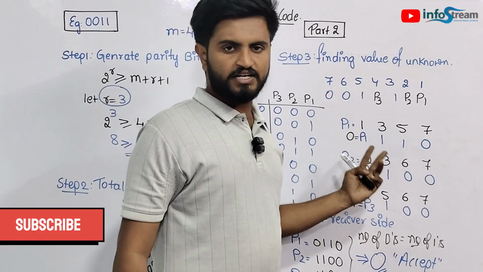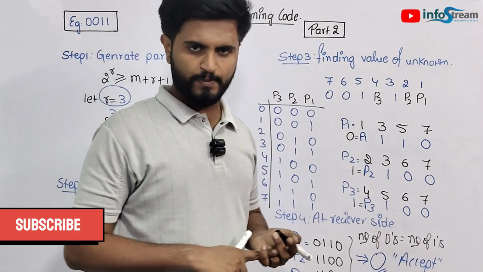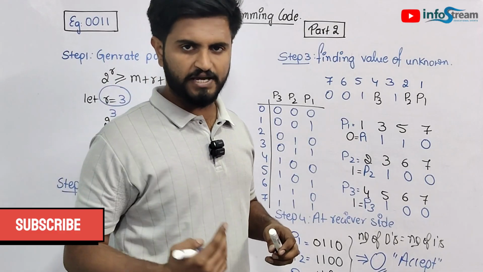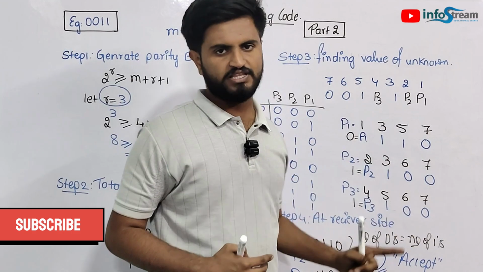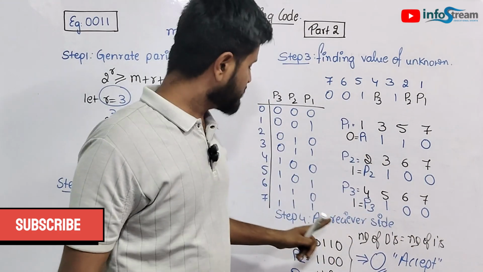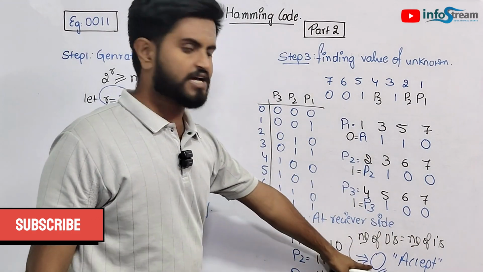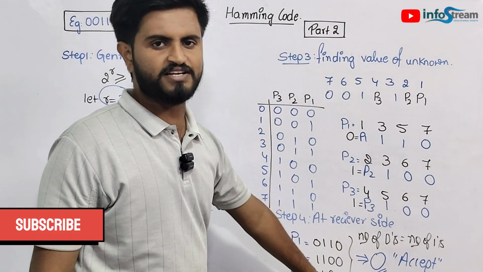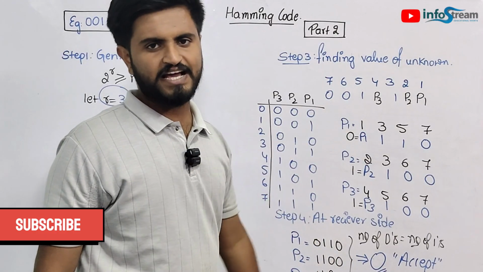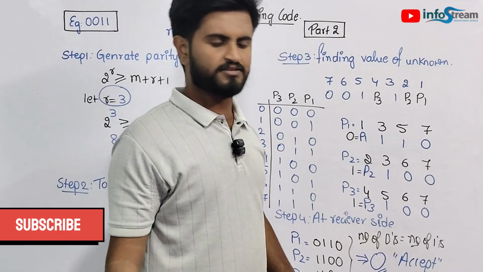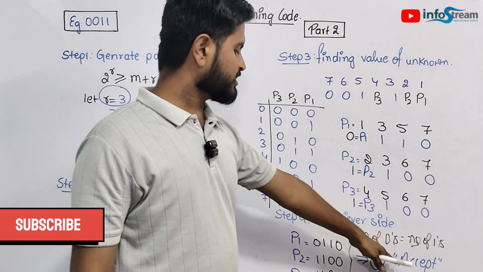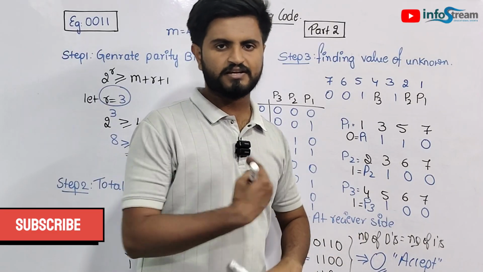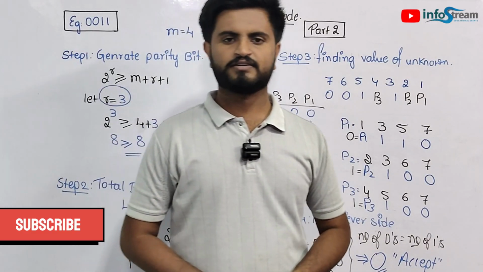Now to satisfy the condition, whether even or odd parity, you will use the even parity to solve this problem. So an equal number of zeros and ones must be there. You will satisfy the condition, and at the receiver side you will assign the value as 0. In reality the machine will assign the value, but in the problem you will assign the value as 0. Then you can prove that it is accepted at the receiver side and there is no error detected.